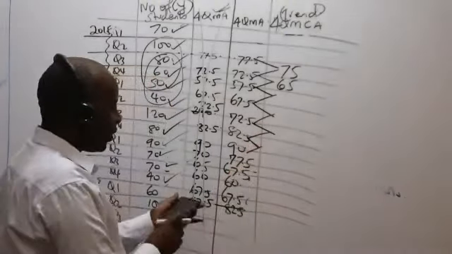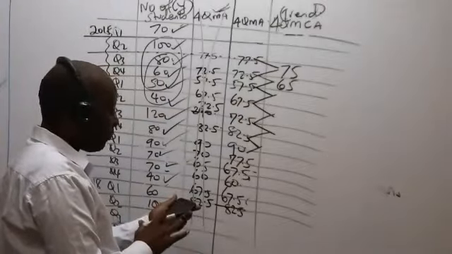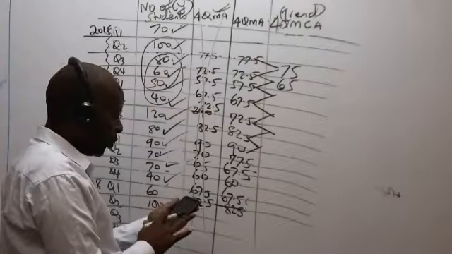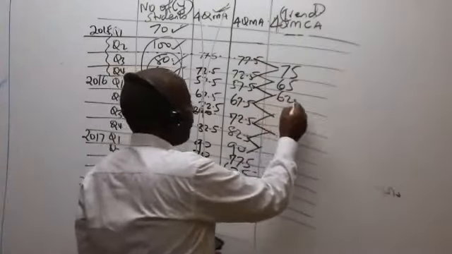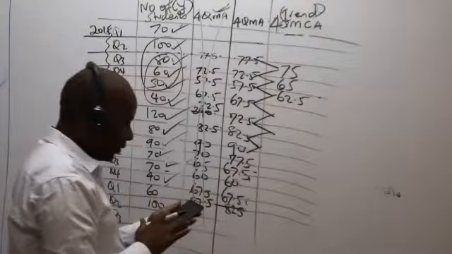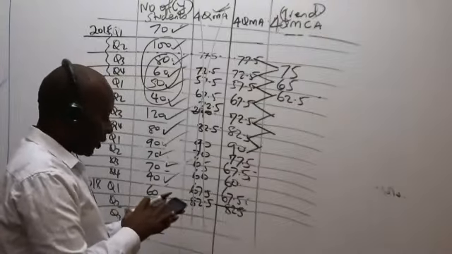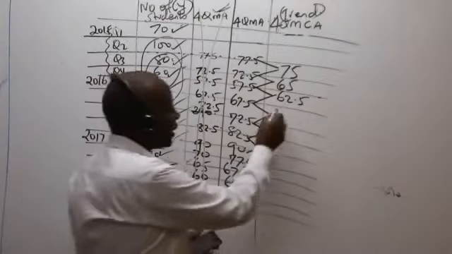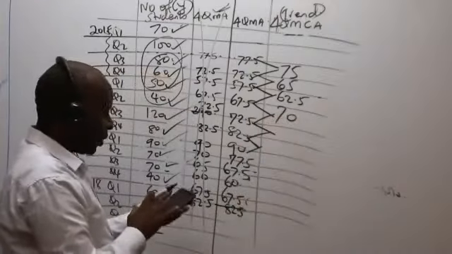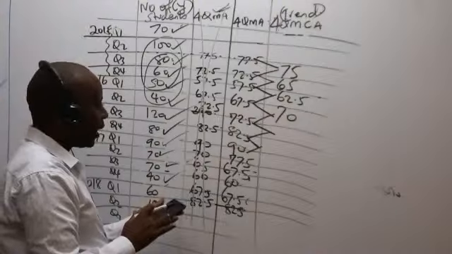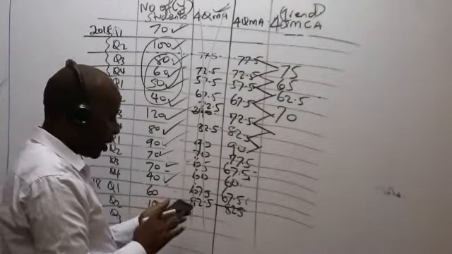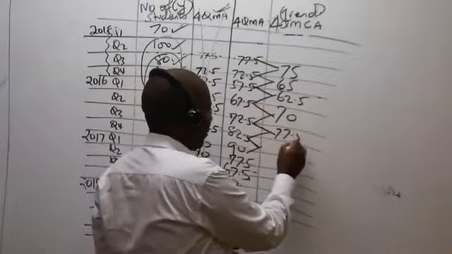So like now here we have 57.5 plus 67.5 divided by 2. I'm getting 62.5. Next we have 67.5 plus 72.5 divided by 2. I'm getting 70 here. Next we have 72.5 plus 82.5 divided by 2. I'm getting 77.5.